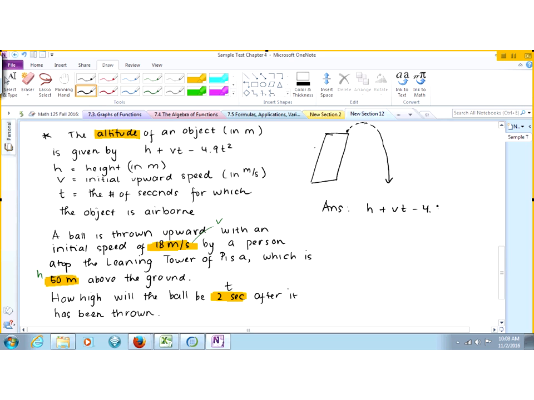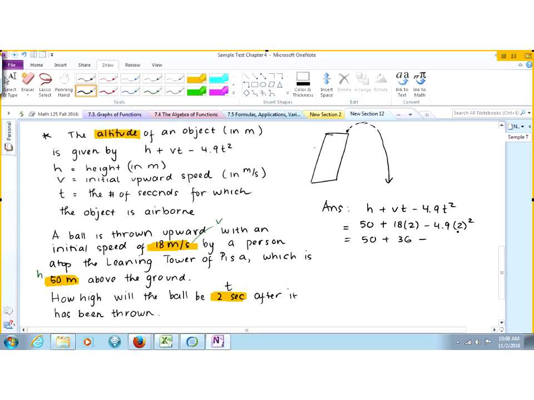Right? So h plus vt minus 4.9 t squared. So we know the h, which is 50, plus vt, which is 18 times 2, minus 4.9 times 2 squared. All right, so what's that? 50 plus 36, that is 86.